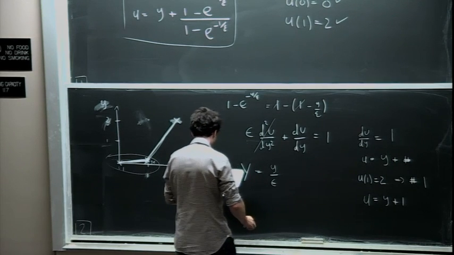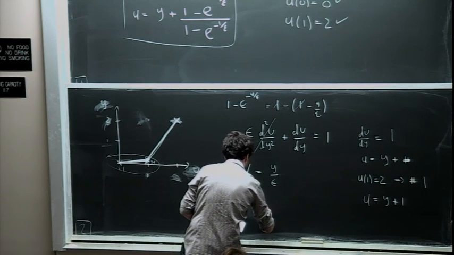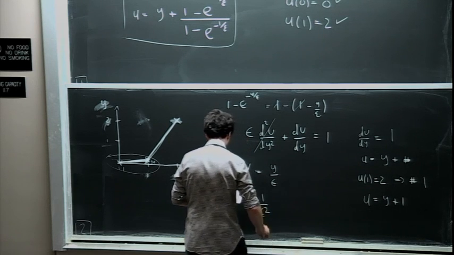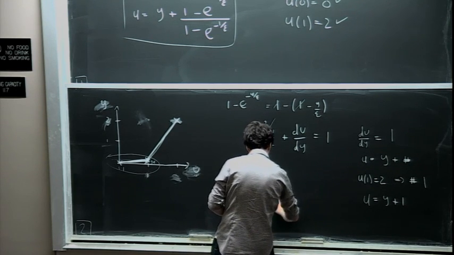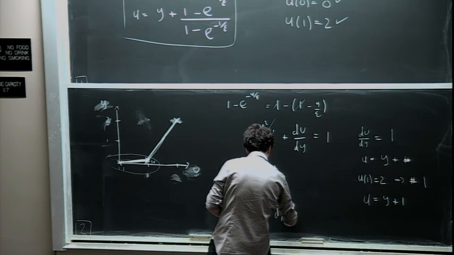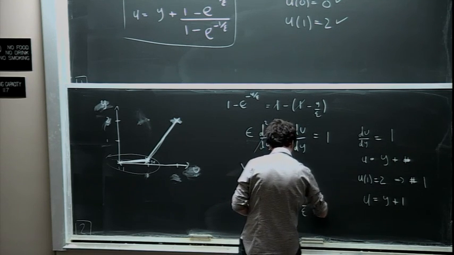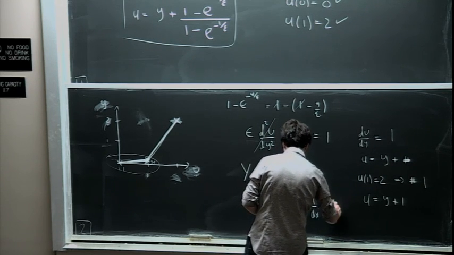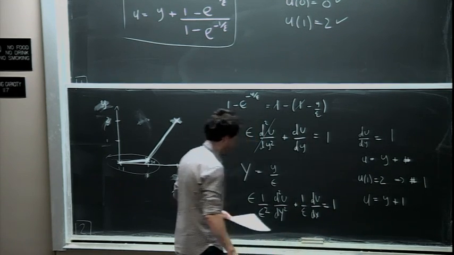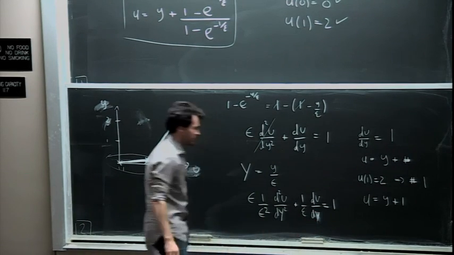So we can plug this back in. So we get epsilon times 1 over epsilon squared d2u by dy squared plus 1 over epsilon du by dy is equal to 1.